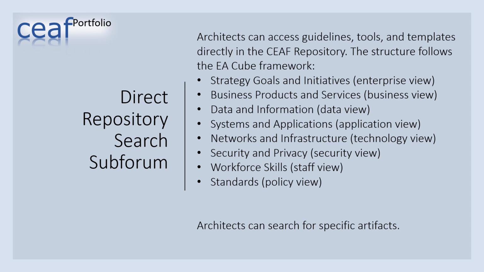For example, motivational model templates are located within strategy, goals, and initiatives, where conceptual data modeling guidelines are located with data and information. Although artifacts can be used for multiple business scenarios, EA capabilities, or other organizational purposes, the artifact itself will exist in only one of these areas. The EA Cube framework catalogs artifacts into architectural view segments.